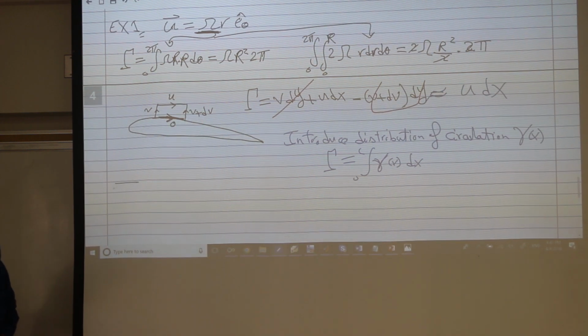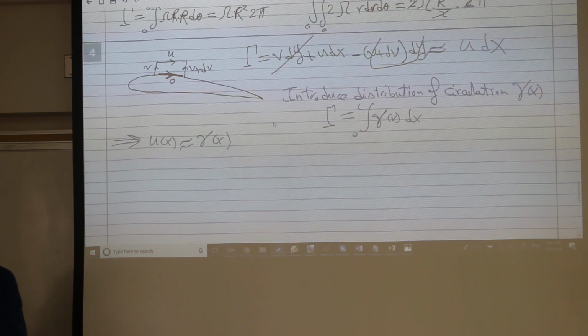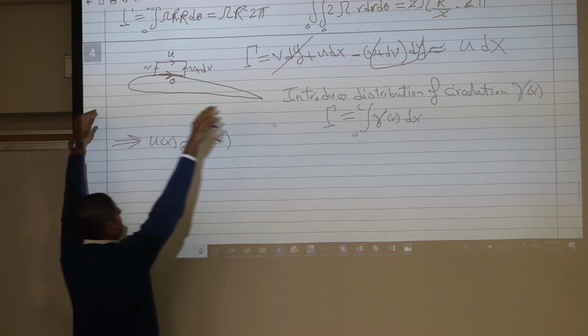What I'm trying to say is that your u, as a function of x, your velocity distribution over the airfoil, can be approximated as your circulation distribution. But this is if I'm just focusing on the upper surface.